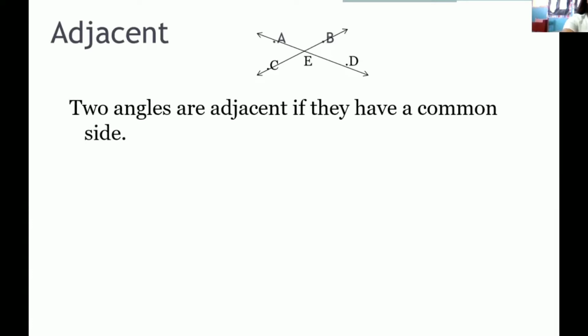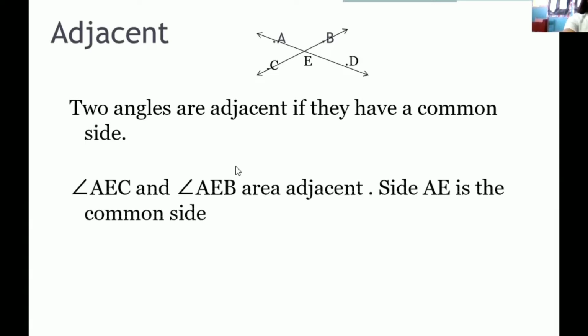So we have here lines AD and CB. Two angles are adjacent if they have a common side. Let us find angles here that are adjacent. We have angle AEC and angle AEB, which are adjacent.